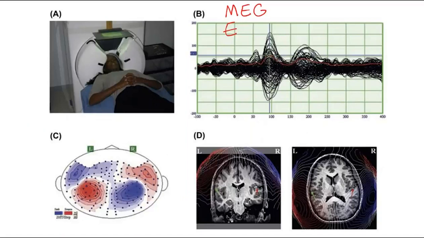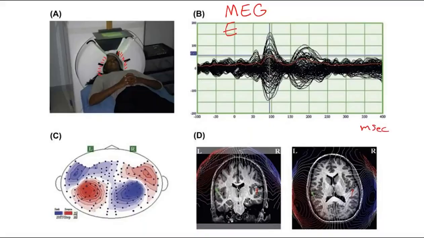In magnetoencephalography, we give people lots of detectors around their brain for magnetic waves. The good thing about it is that it gives us good temporal and spatial resolution together. This is millisecond.